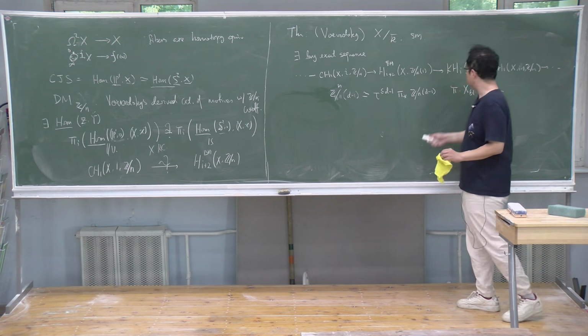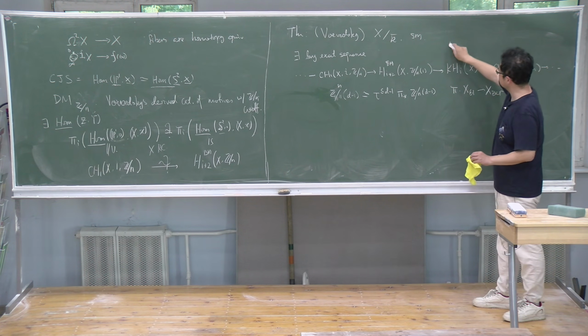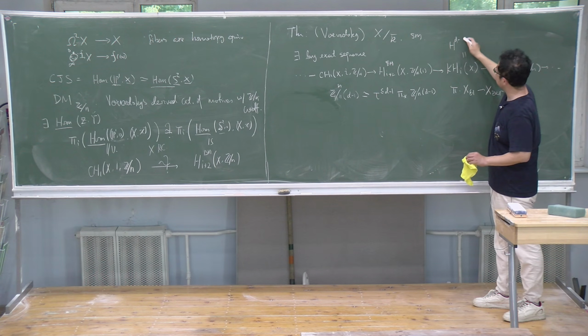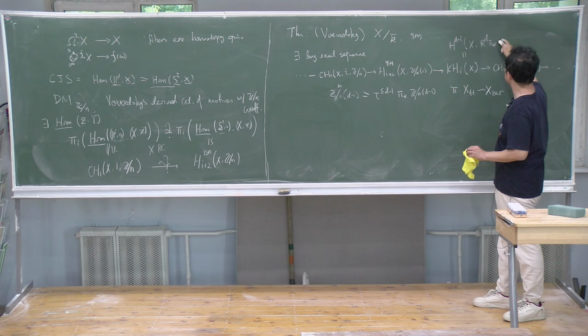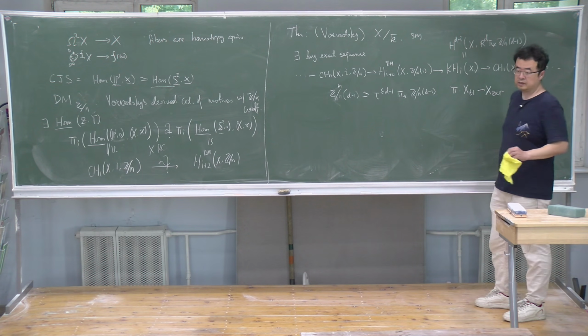Okay. And as we recall, so this is H^(d minus i) of X, so R^(d) pi lower star of Z mod n (d minus 1).